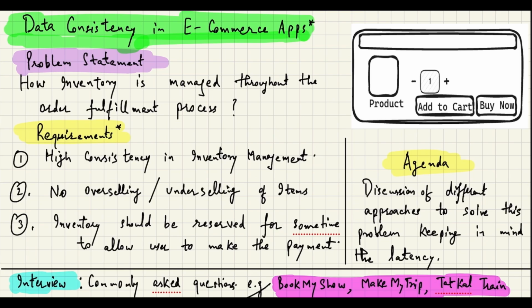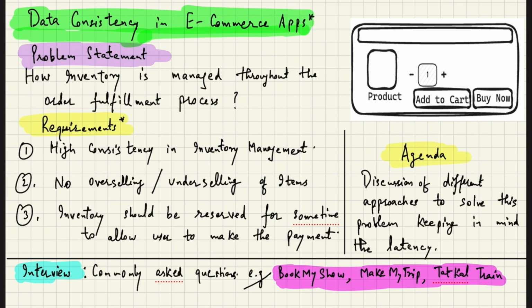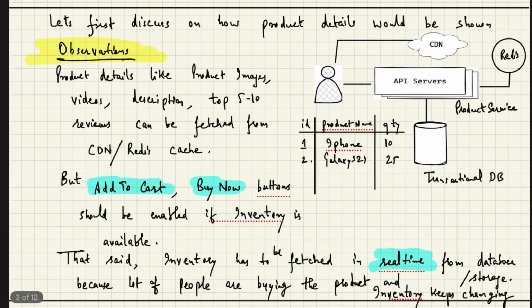And once you understand this complete system, you can apply the similar patterns and approaches in similar systems. For example, BookMyShow, MakeMyTrip, IRCTC Tatkal train booking, and these are very commonly asked questions. So let's dive in, right?